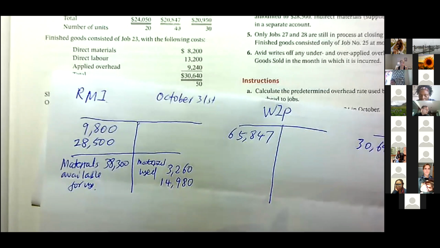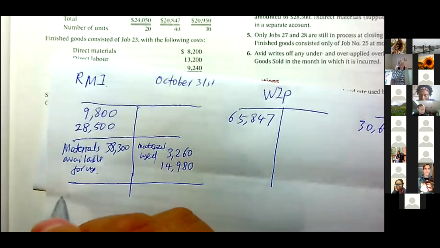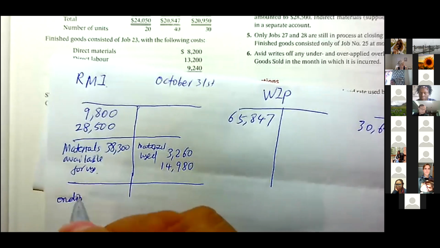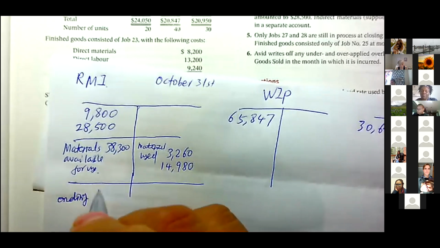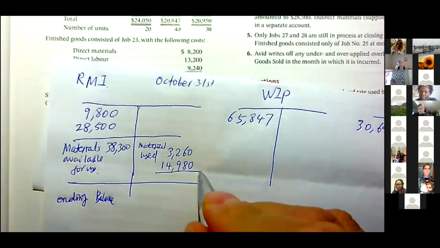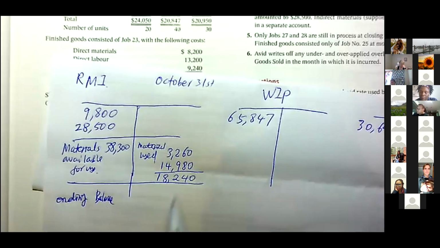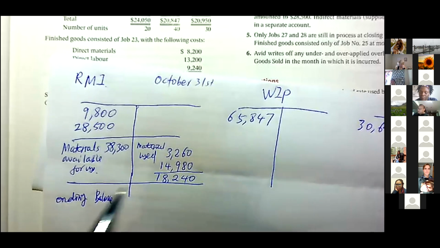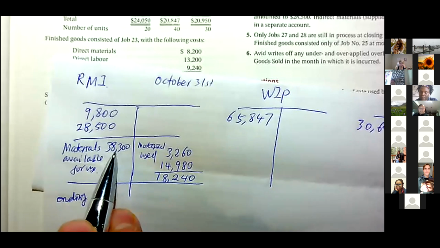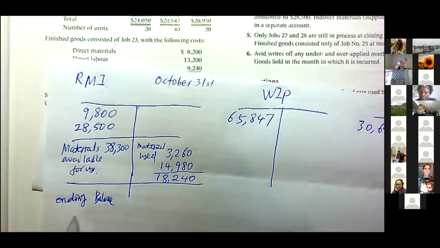And then what's the ending balance? These two together would be 18,240. And the ending balance is the materials available for use, 38,300, minus the amount used. So I should have 20,060.